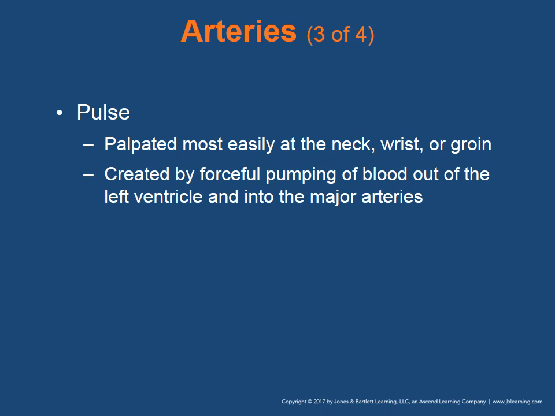That's maybe why you don't feel a pulse when you feel for the radial pulse on the wrist. The groin is another central pulse, and you can feel the femoral artery right there, but it may be difficult for you to locate. The quickest and easiest is the carotid artery right on the neck.